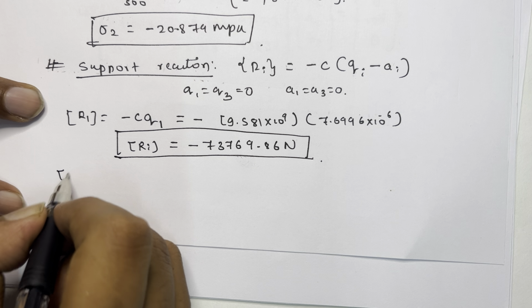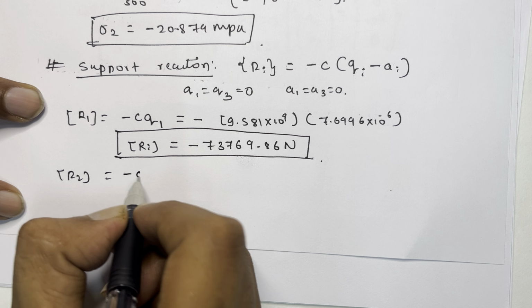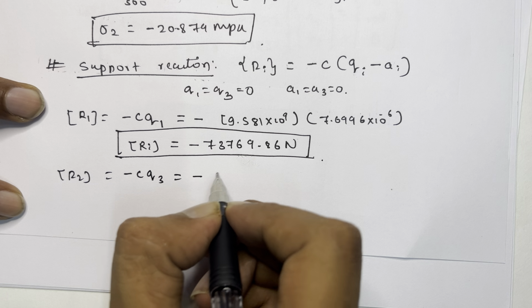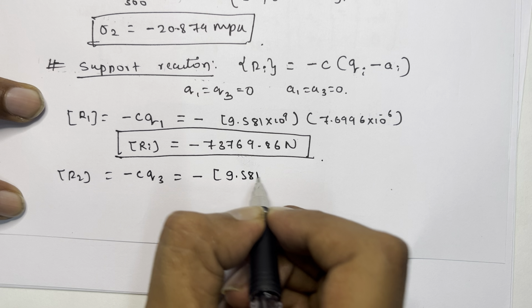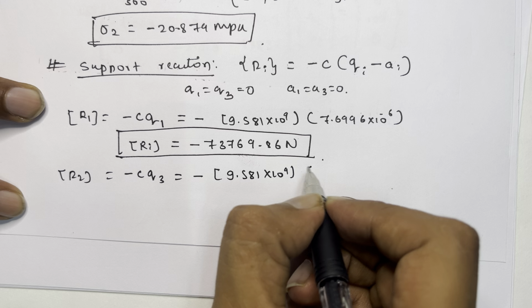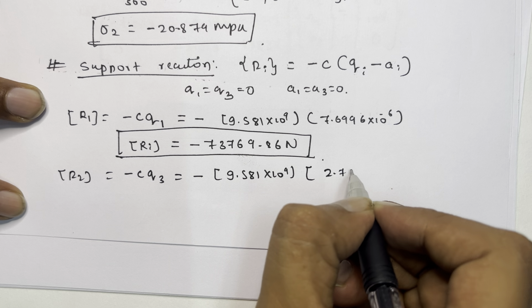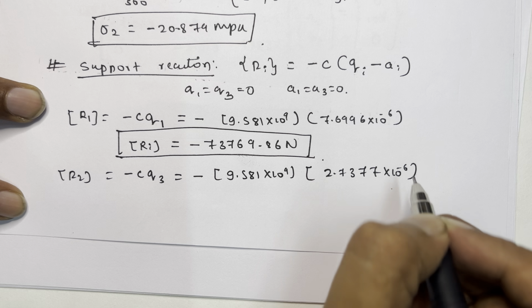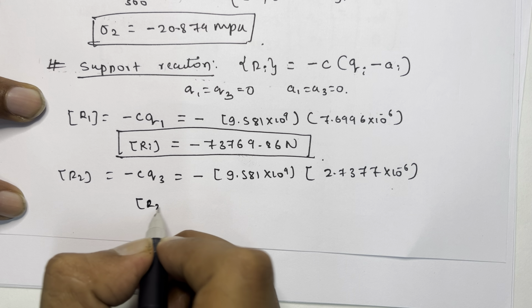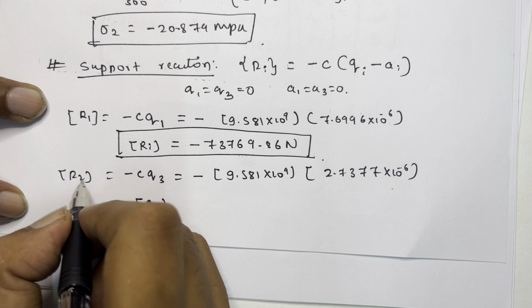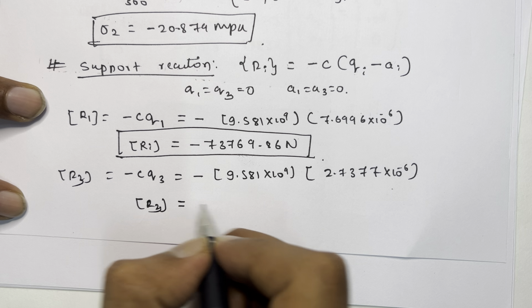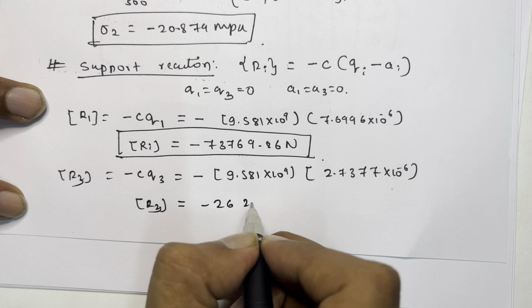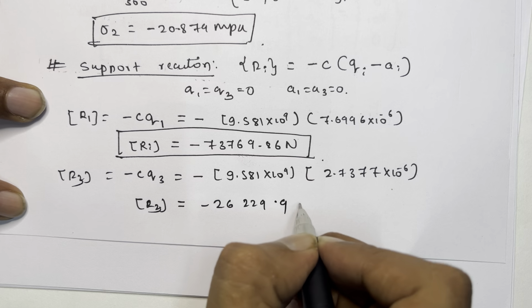Similarly R3 is minus C Q3, minus 9.581 into 10 raised to 9, and this is 2.7377 into 10 raised to minus 6. After calculation, R3 is equal to minus 26229.9 Newton.